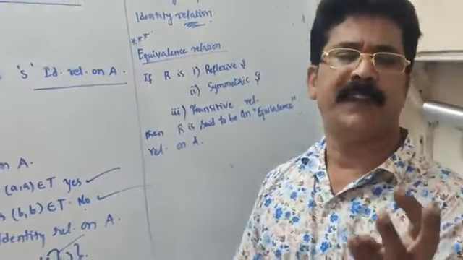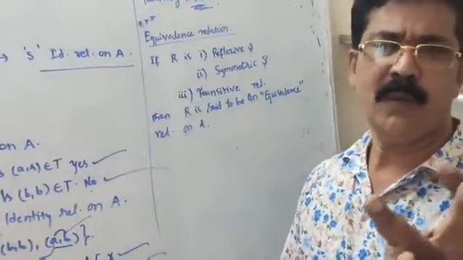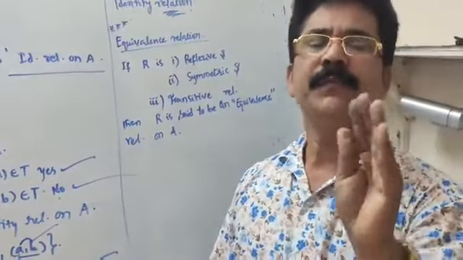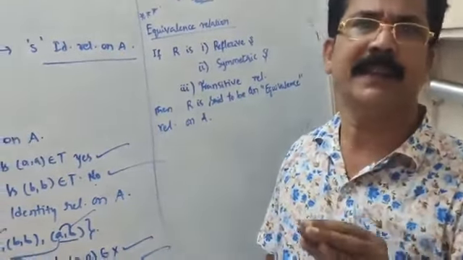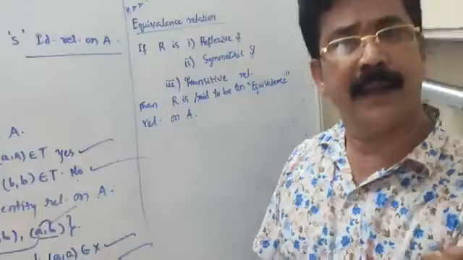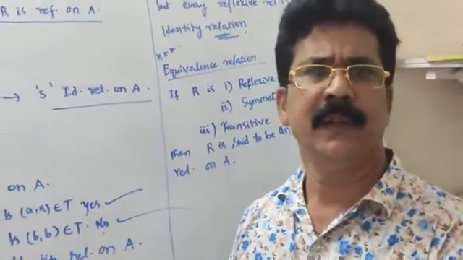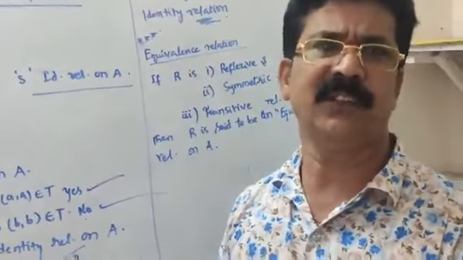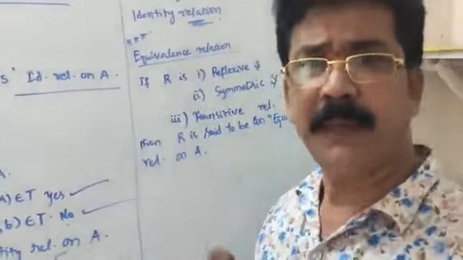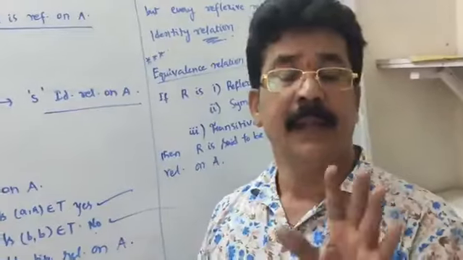So therefore, reflexive is over, symmetric is over, transitive is over. If the given relation capital R is reflexive relation and symmetric relation and transitive relation, if these three conditions are satisfied, then only capital R is equivalence relation.